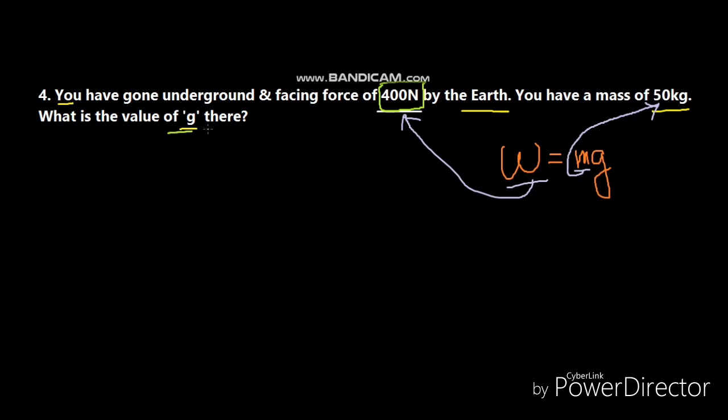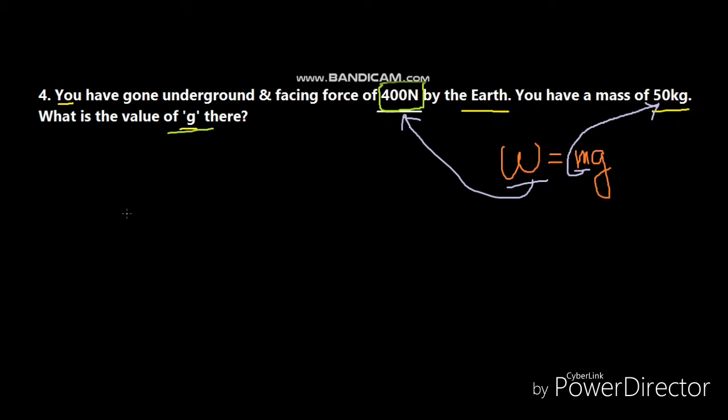So we can still use the equation W equals mass times g, and we know the value of W is 400 newtons, and the mass of yourself is 50 kilogram, but we don't know the value of g. We are asked to find the value of g there underground.